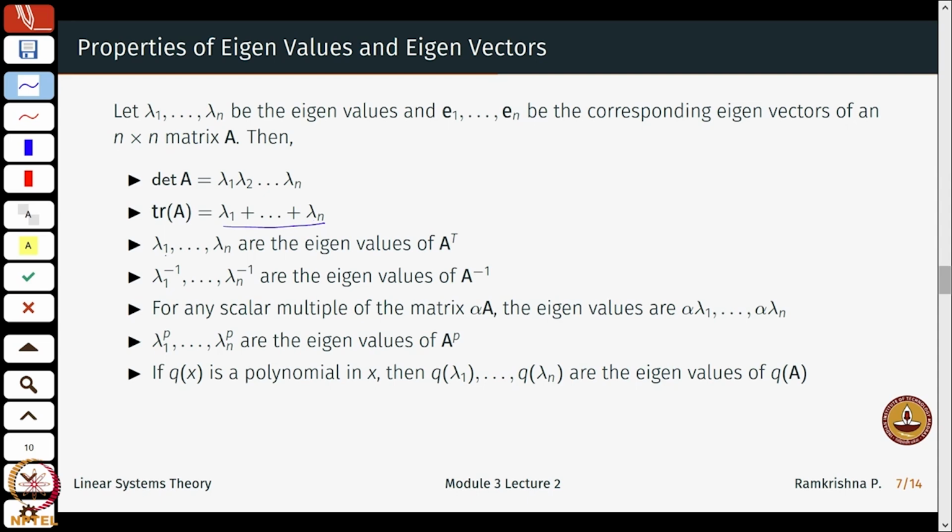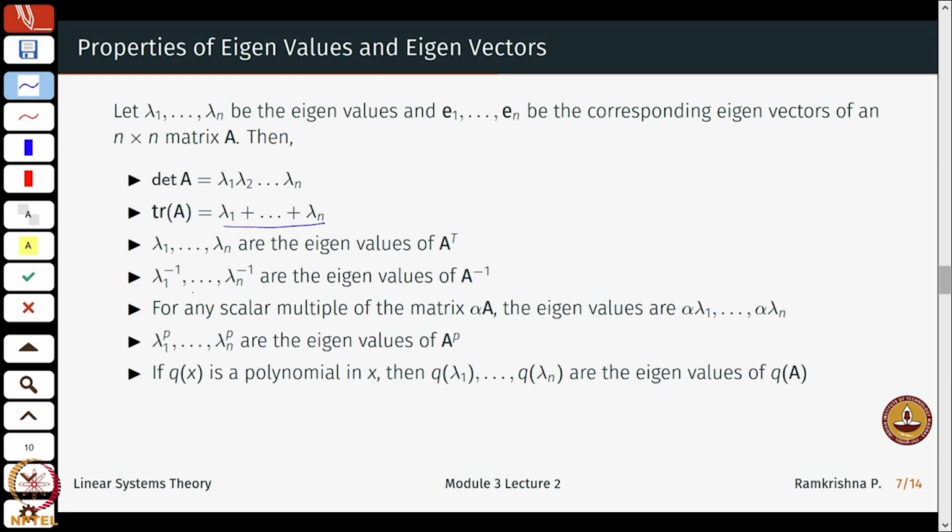Then if A has eigenvalues lambda 1 till lambda n, A transpose will also have the same eigenvalues. I think the proof here should be similar. And A inverse will have the eigenvalues lambda 1 inverse till lambda n inverse.